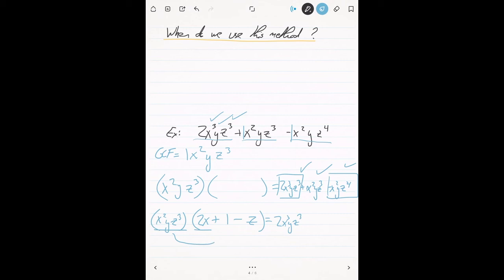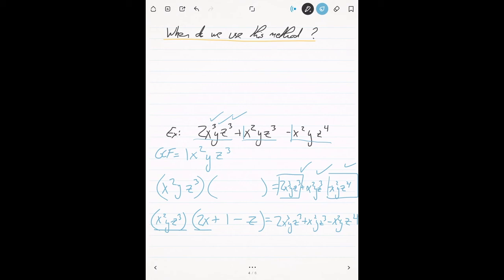And then let's take the GCF times 1. Well, obviously nothing changes. It's still an x squared y z cubed. And then let's take that GCF to the last term. It's going to be a negative x squared y, and then z cubed and z to the first makes z to the 4th power.